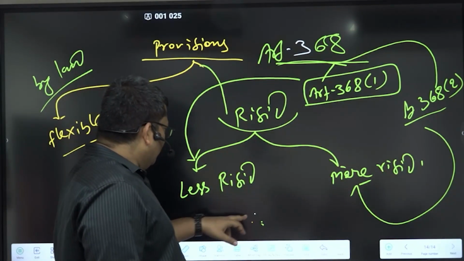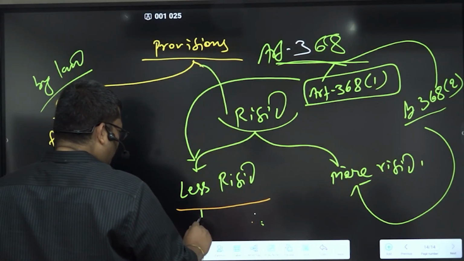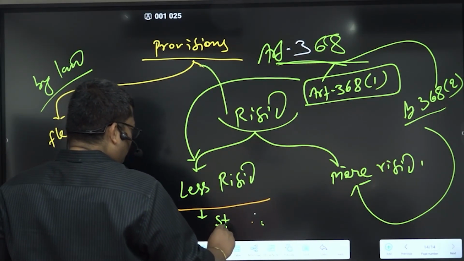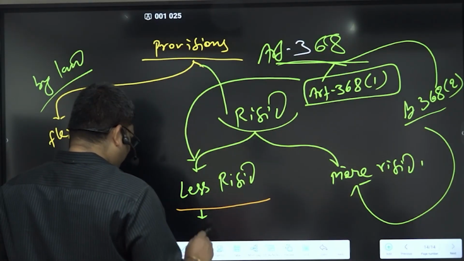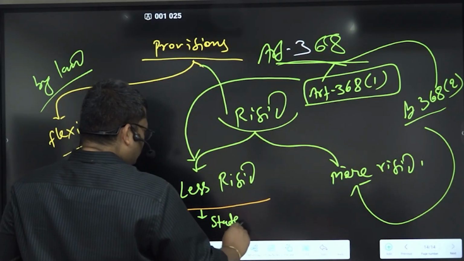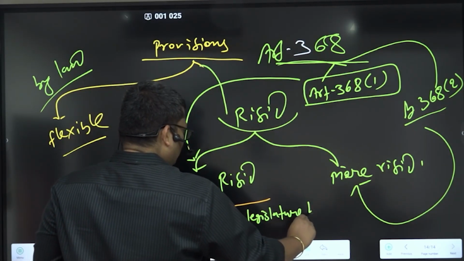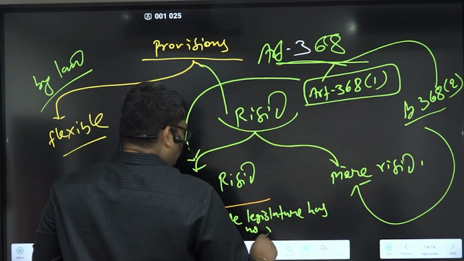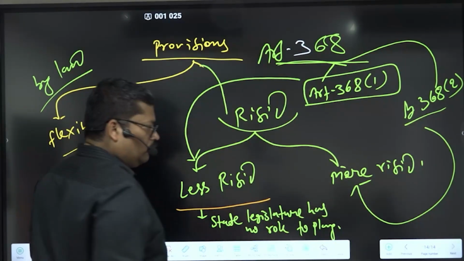See, here less rigid means state legislature has no role to play. Fine, no role to play.